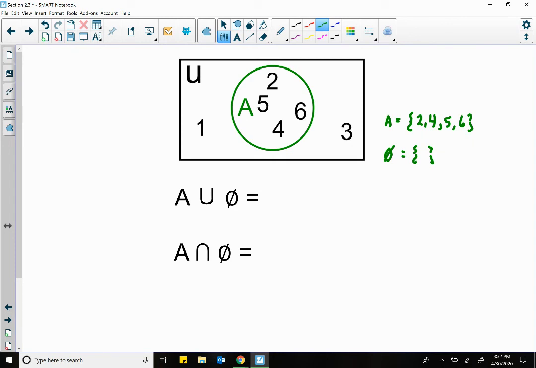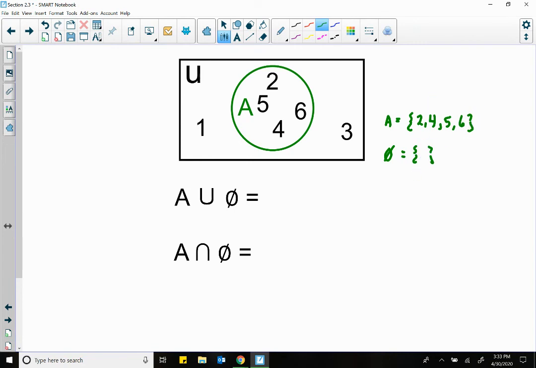Okay? So let's think about these questions real quick. I want A union the empty set. So if I take A union the empty set, I've got 2, 4, 5, and 6. Union means give me everybody, and in the empty set, I have nothing. So what happens when I take 2, 4, 5, and 6 and add it with nothing?